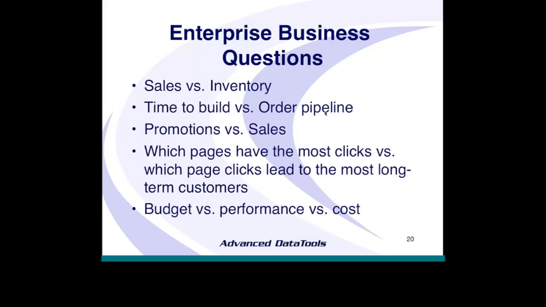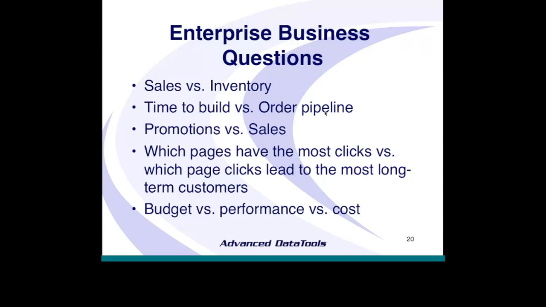Here's some examples. Sales versus inventory, time to build versus an order pipeline, sales versus promotion, which pages have the most clicks and which pages lead to the most long-term customers. A lot of times that's getting into the gray area of what's in the edges.